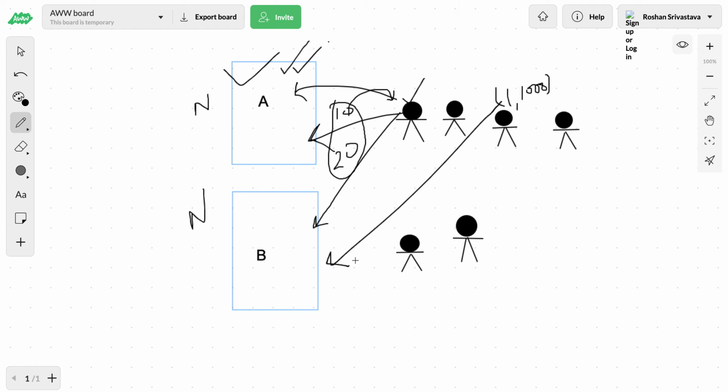Instead of sending this guy to city B, we could have sent him to city A, just by not going greedy at every step. So this shows that the greedy approach might not be the most efficient one in all cases.